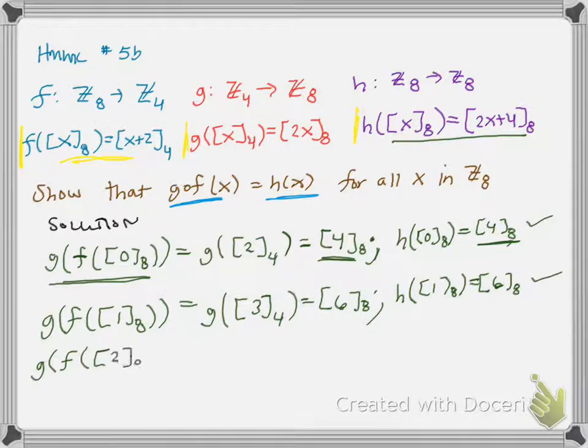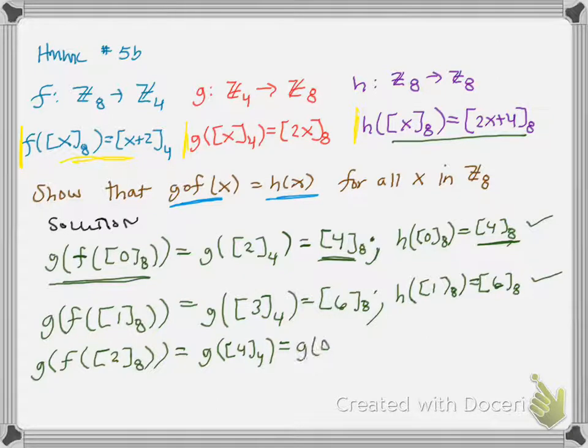All right, so F of 2 in mod 8 will become G of 4 in mod 4, right? Well, what's G of 4? We can keep it as G of 4 in mod 4 if we want, right? But what's G of 4 mod 4 really? That's really 0.